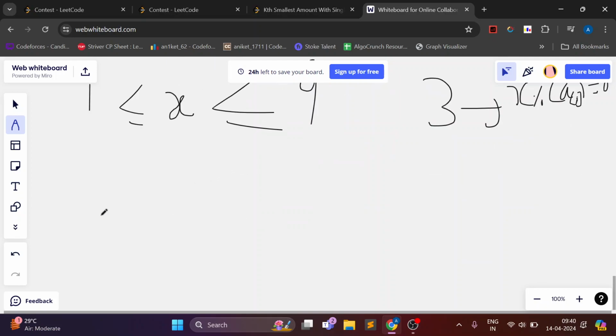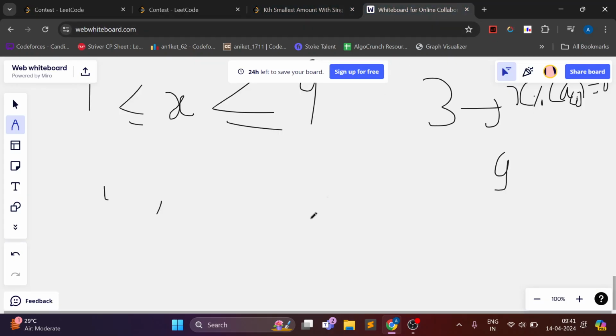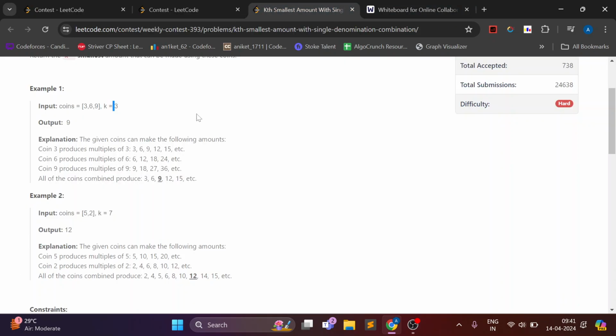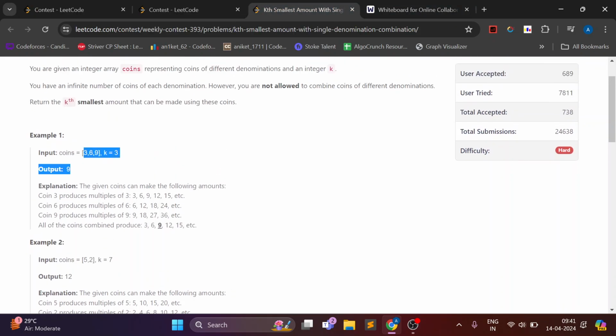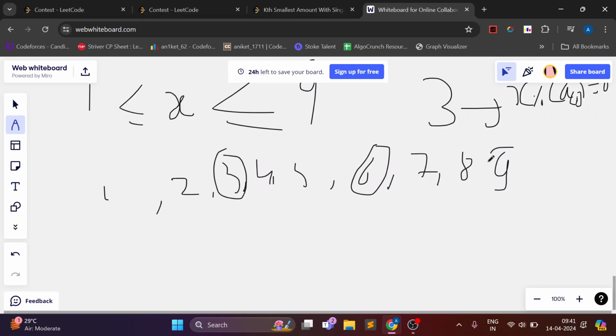So from 1 to 9, there should be 3 elements that are divisible by one of the elements of coins. For example, in this case, 1 2 3 4 5 6 7 8 and 9. Here I have found that there are 3 elements which are divisible by 3 or 6 or 9, so any one of the elements in coins.